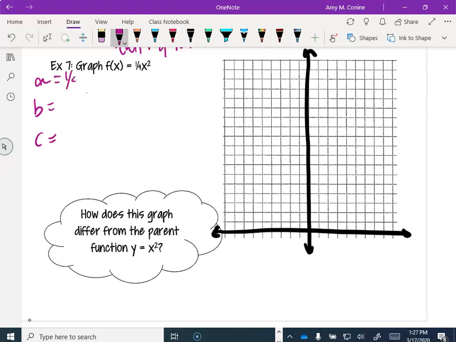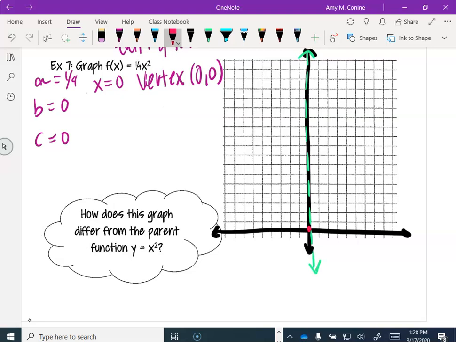So A, B, and C are 1/4, 0, and 0. So far, it's pretty similar. Our axis of symmetry is still going to be in this middle here. So it's going to be the same. Our vertex is still going to be the same because it's that zero with the axis of symmetry.